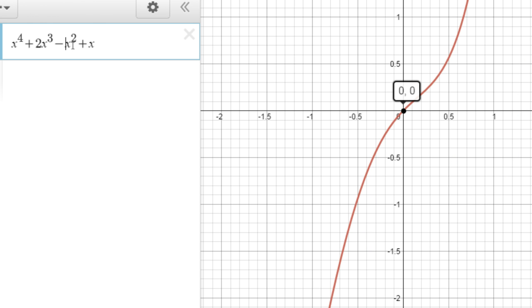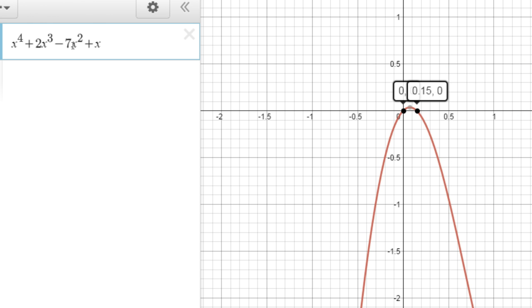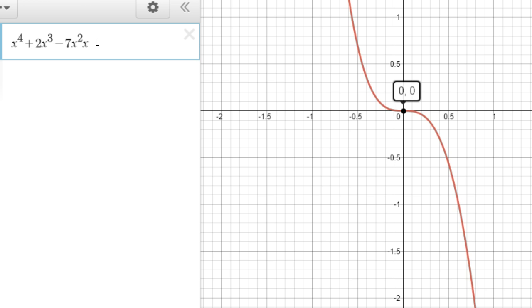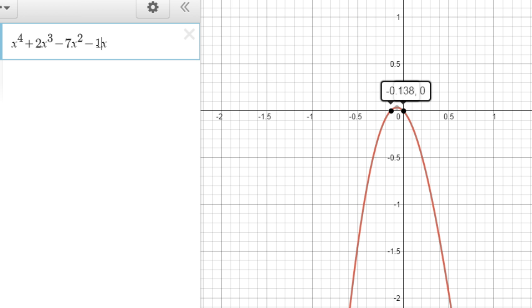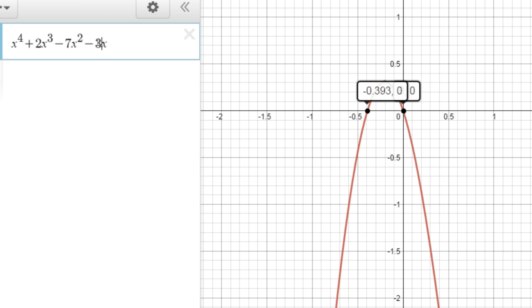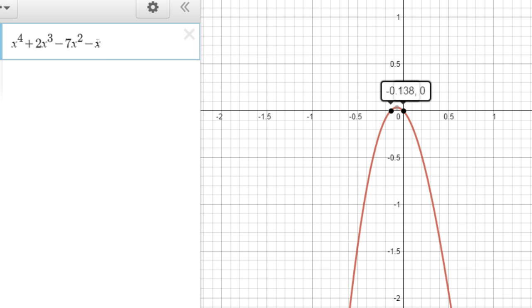No, that just decreases that part. So let's go 7 again. Well, that's just not working.